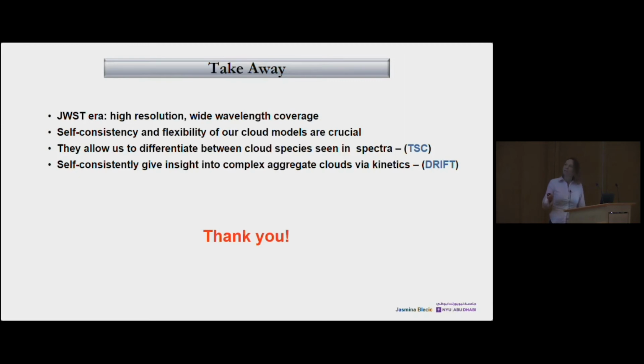And as I said before, the model that we have in our retrieval framework allows us to differentiate between the different cloud species seen in the spectra and to identify the most dominant species, while the drift model tells us about the aggregate clouds and the total contribution from all the cloud species to the spectra.